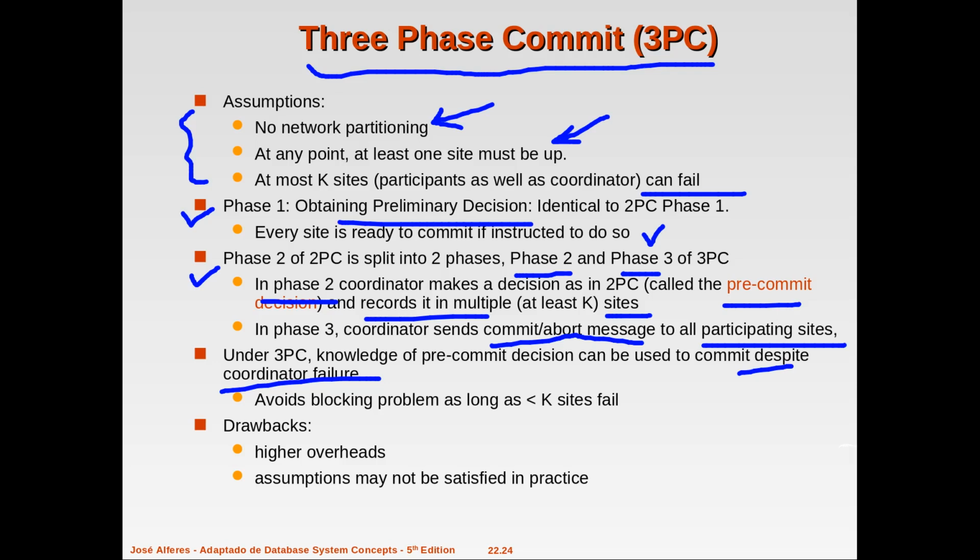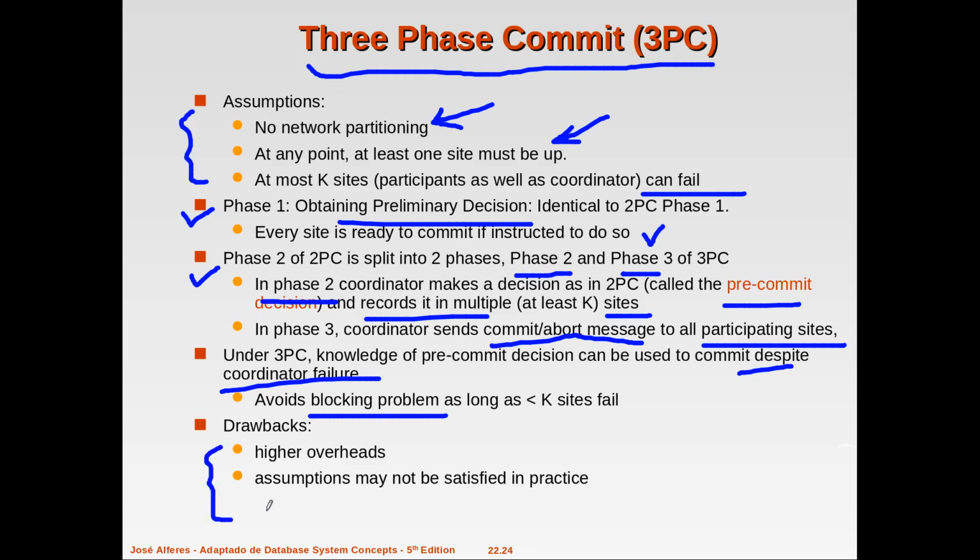So if the transaction coordinator also fails, we can look into the pre-commit decisions stored in different sites, and based on that, the other sites can decide whether the transaction can be committed or aborted. So it will avoid the problem of blocking. That means the other sites don't need to wait until the recovery of the transaction coordinator. We can look into the other sites and decide whether the transaction can be committed or aborted.